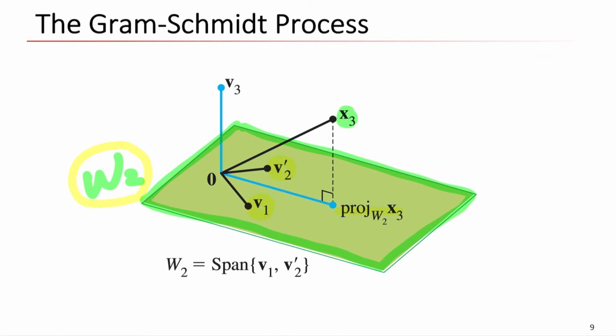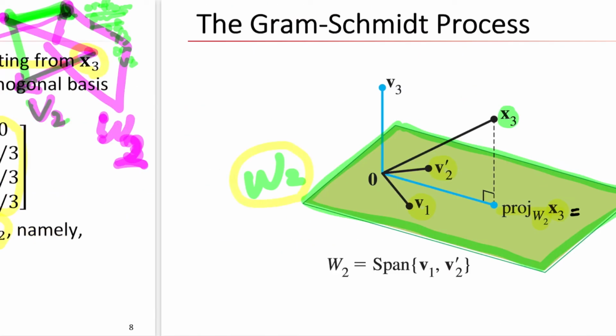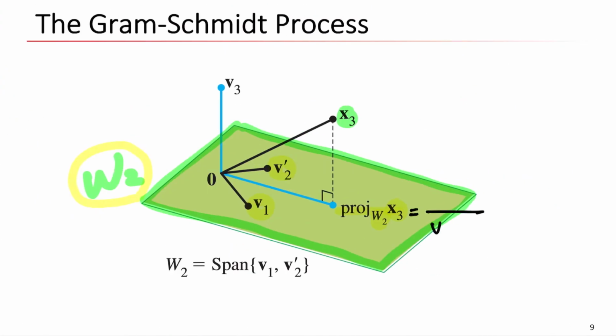So the orthogonal projection of the X3 onto the W2 will be the X3 inner product with V1 term plus the X3 inner product with V2 term, like this, right?